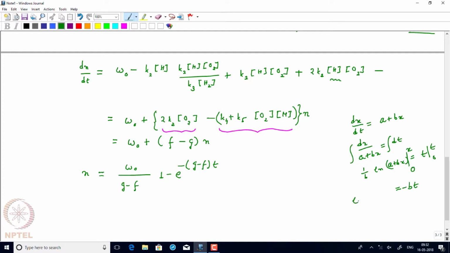So what I will have here, just to introduce the minus sign here, I will have ln a by ln(a plus bx), which means actually a divided by a plus bx is nothing but e to the power minus bt, and that you can now easily solve. You can easily see what is a and b. So that way actually you can write this equation.